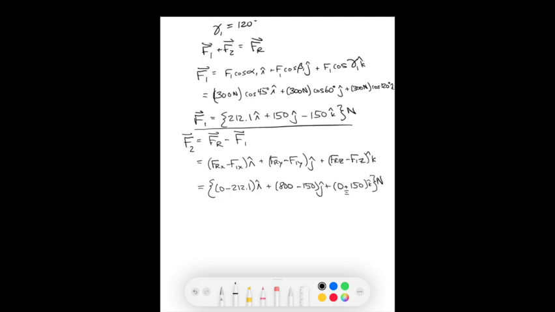And all of this has units of newtons. And when we solve we find the value of F2. 650 here when we do the math, and again the 150.